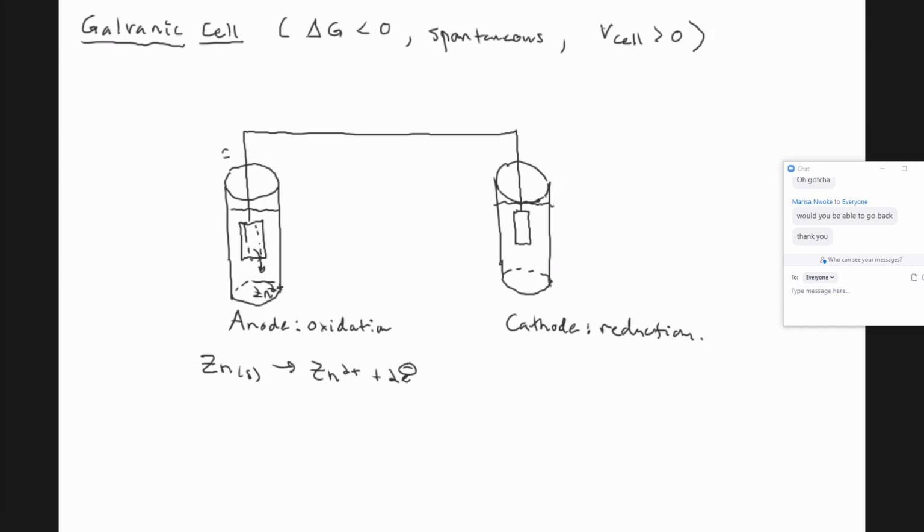The reason being is the electrons that it gives off are being sent across there to the other plate. Over here, that copper 2 plus that's in solution is going to combine with those 2 electrons that are coming in to make copper metal.